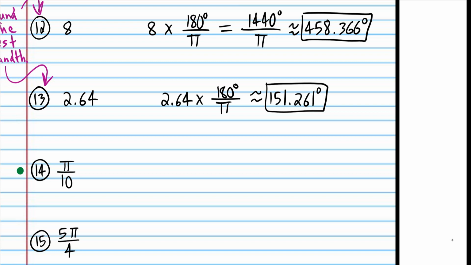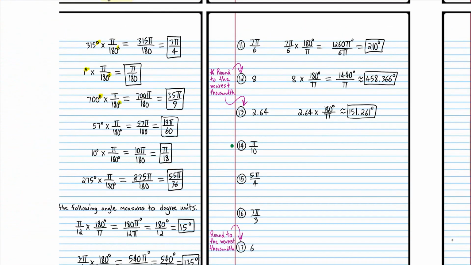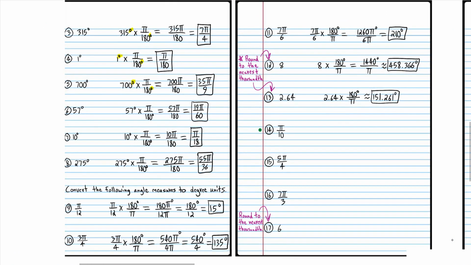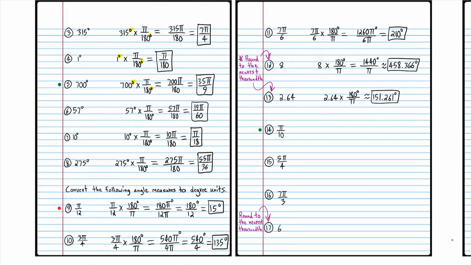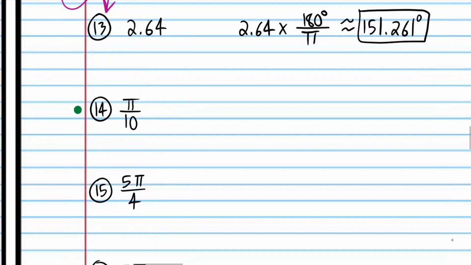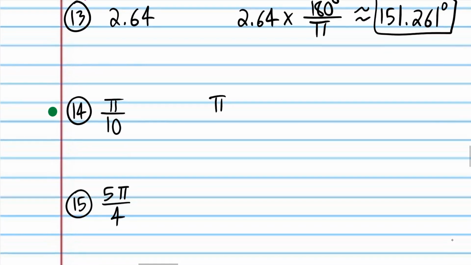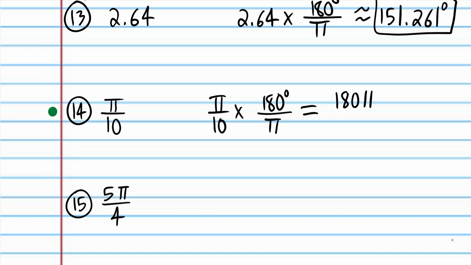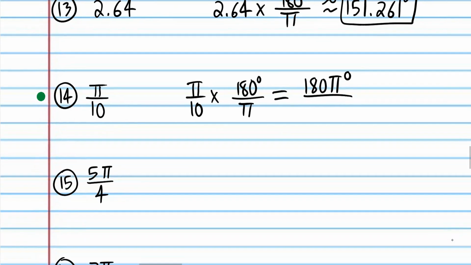So I want you to try number 14, and when you come back we'll do it together. Okay, we're back. So pi over 10 radians, if we convert that to degrees, we're going to get 180 pi degrees over 10 pi.